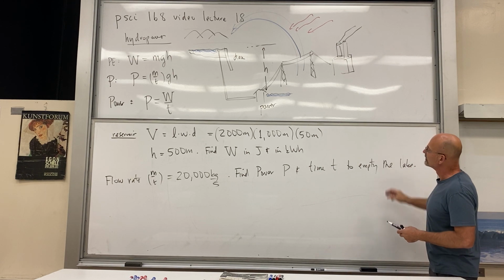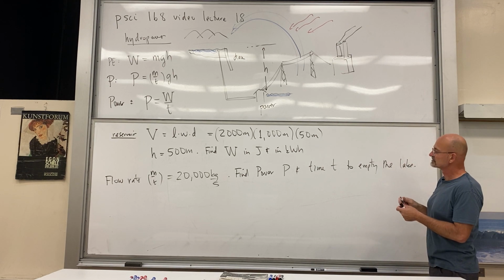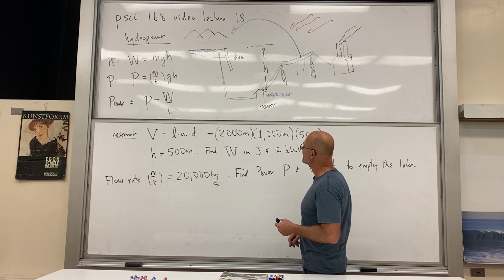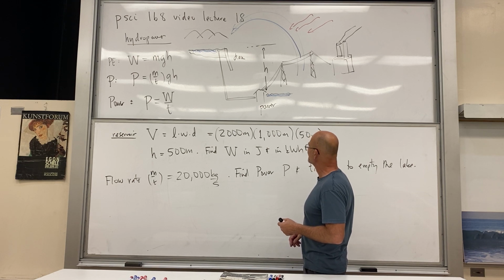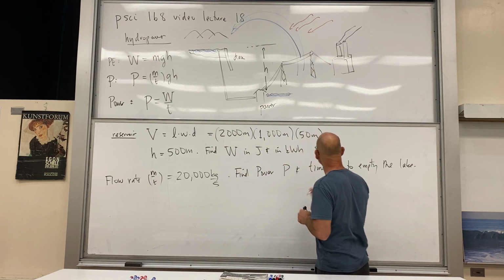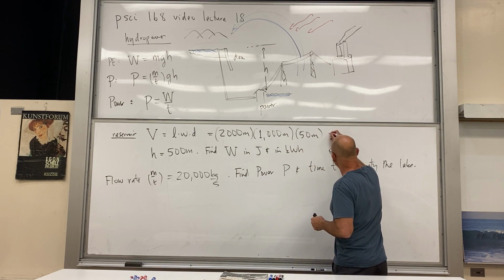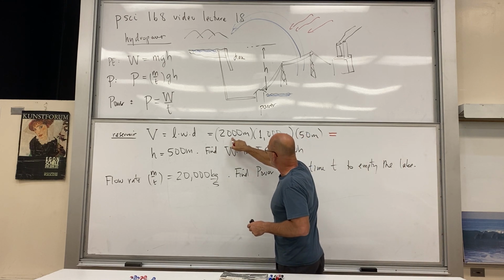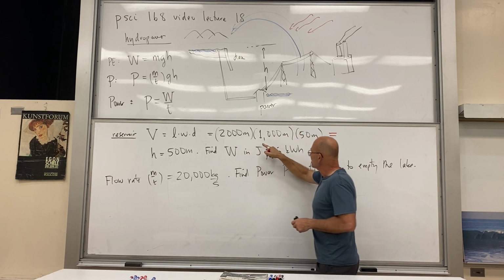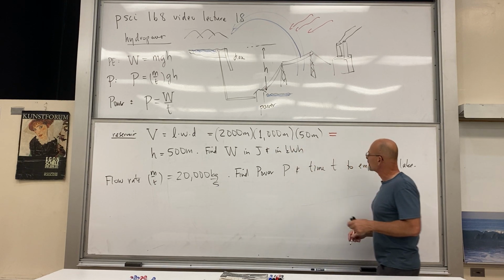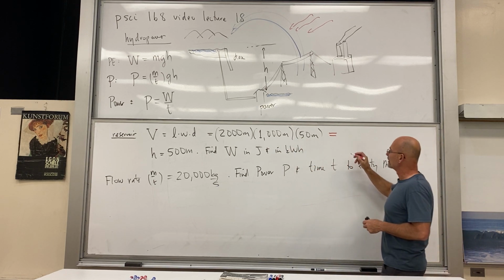Okay. So now we have everything here. So let's go ahead and work these out. First of all, I'll keep going here in red. This one here, we have 2 times 10 to the third times 1 times 10 to the third times 5 times 10. So this is a great place to use our scientific notation.